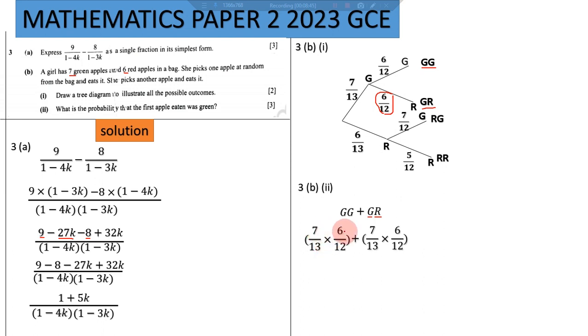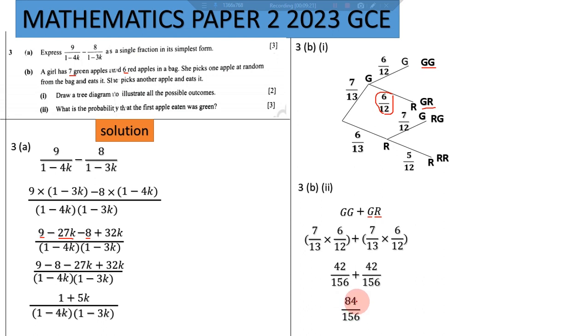So 7 times 7, we're going to have 42. 13 times 12, we have 156, okay, which will be the same answer even in the other bracket. From here, we are adding, so we're going to find the LCM, the lowest common multiple for 156, which is still 156, okay. Then here, if we say 156 into 156, that is 1 times 42, 42. Same here. So it will be 42 plus 42, which will give us 84 divided by 156.